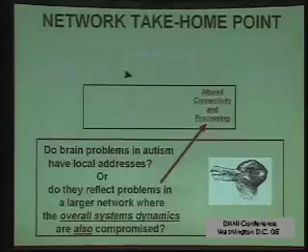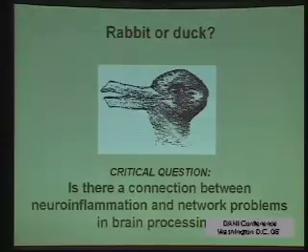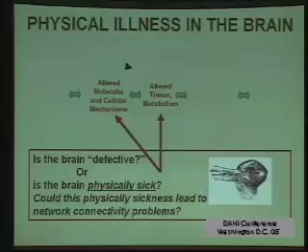So there are a couple of take-home points here. One of them is, do brain problems in autism have local addresses, or do they reflect problems in a larger network where the overall system dynamics are also compromised? And then the question, is there a connection between neuroinflammation or oxidative stress and network problems in autism? And that raises the really critical question on which this whole approach is based, which is, is the brain defective?